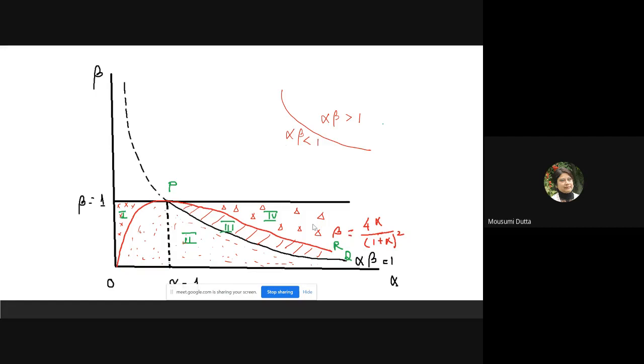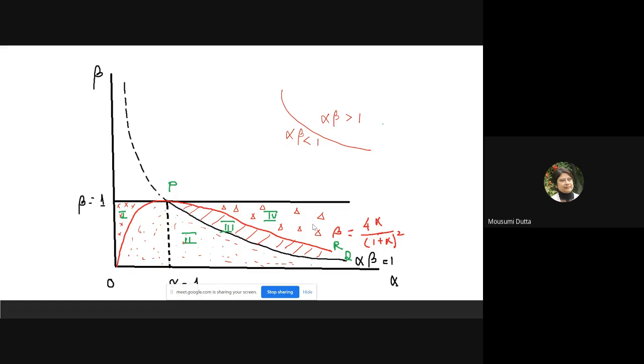Now please write down several points which I am marking. Please write down, in zone 1, beta less than 1 upon alpha, which implies the dynamic equilibrium is a stable equilibrium.